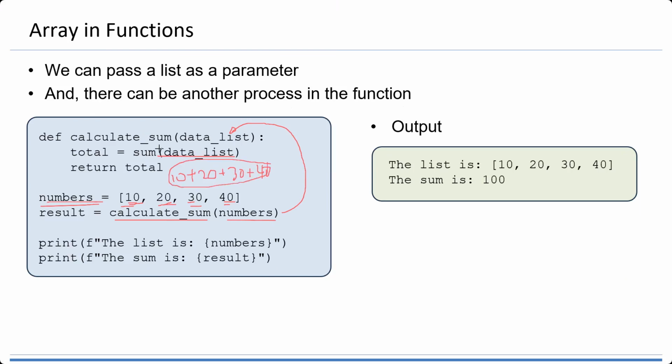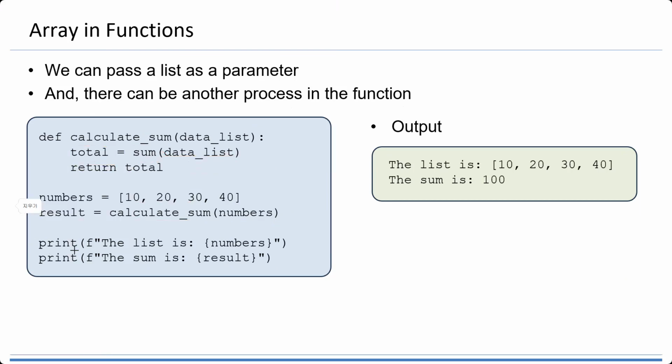So this will be the result from the function sum. After we do the summation, we will put the value into the variable total, so the total will be returned. When we return it into the variable, in this case result, the value of result will be the total of this summation, and result will be 100.